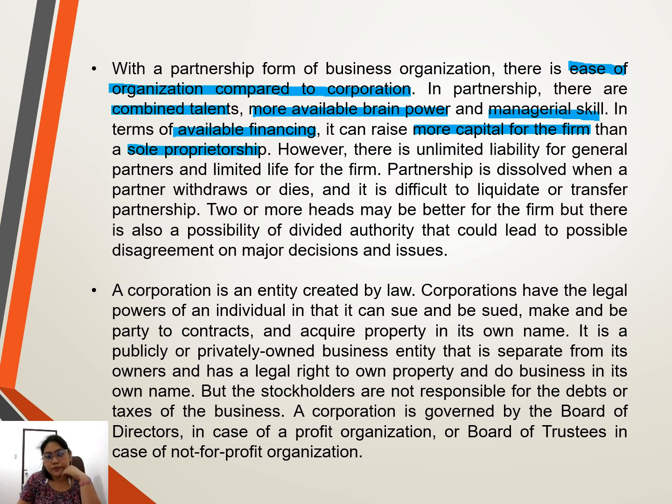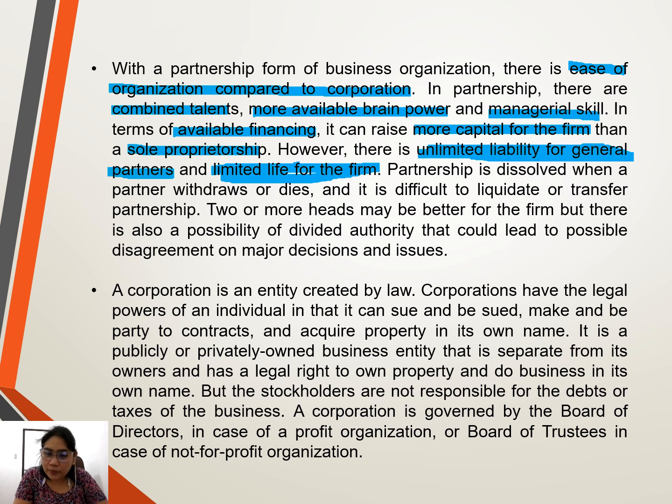However, ito na. There is unlimited liability for general partners. Ayan, yun yung sinabi ko kanina. And limited life for the firm. So, pag general partner ka, unlimited yung liability mo. Ibig sabihin ng unlimited liability, for example, ganito. Yung negosyo nyo tumigil na, but then, may mga naiwan pang utang.